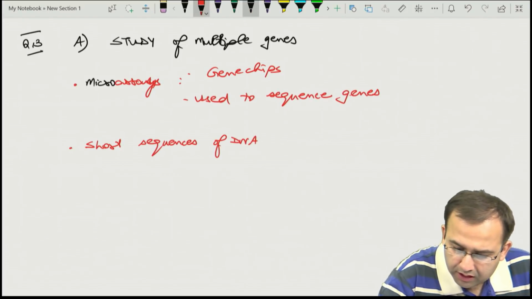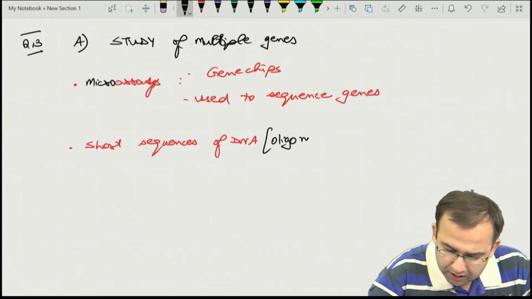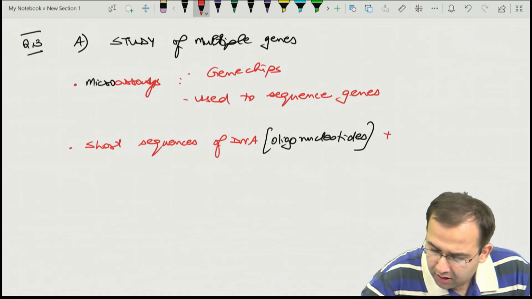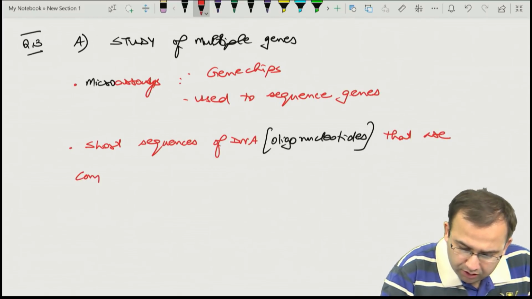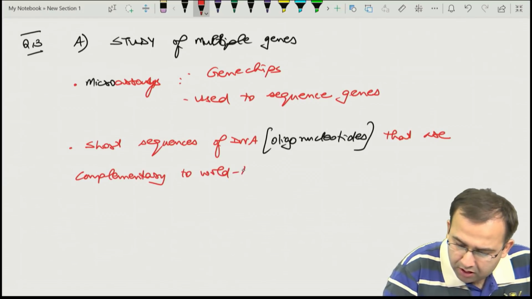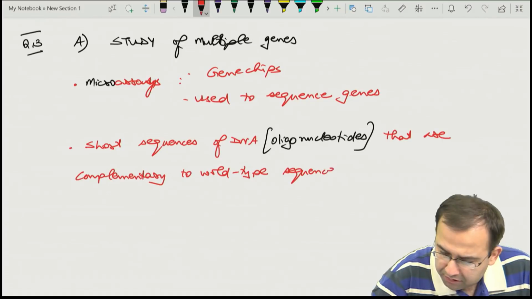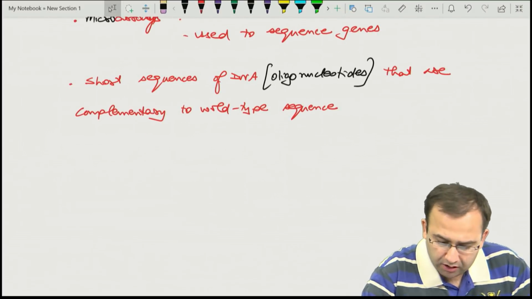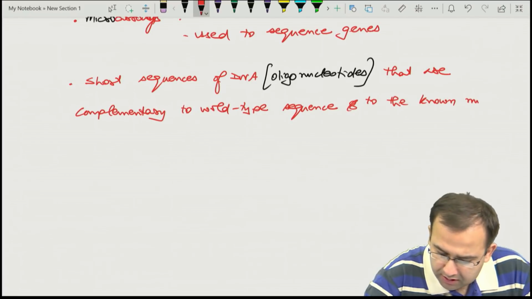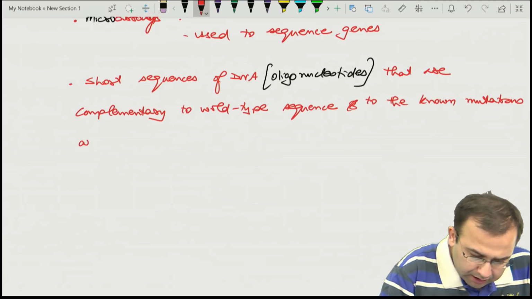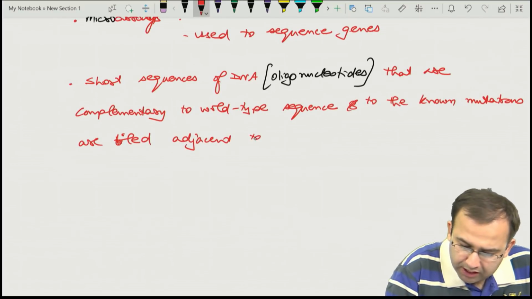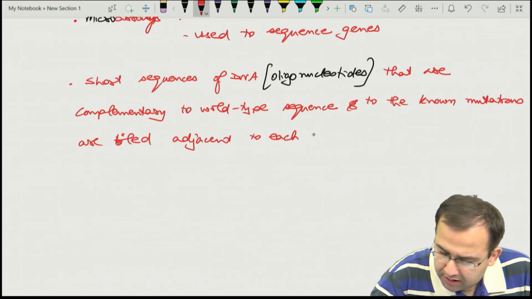Short sequences of DNA, that is oligonucleotides, that are complementary to the wild type sequence, wild type being the normal type of sequence, and to known mutations, are tiled adjacent to each other on the gene chip.